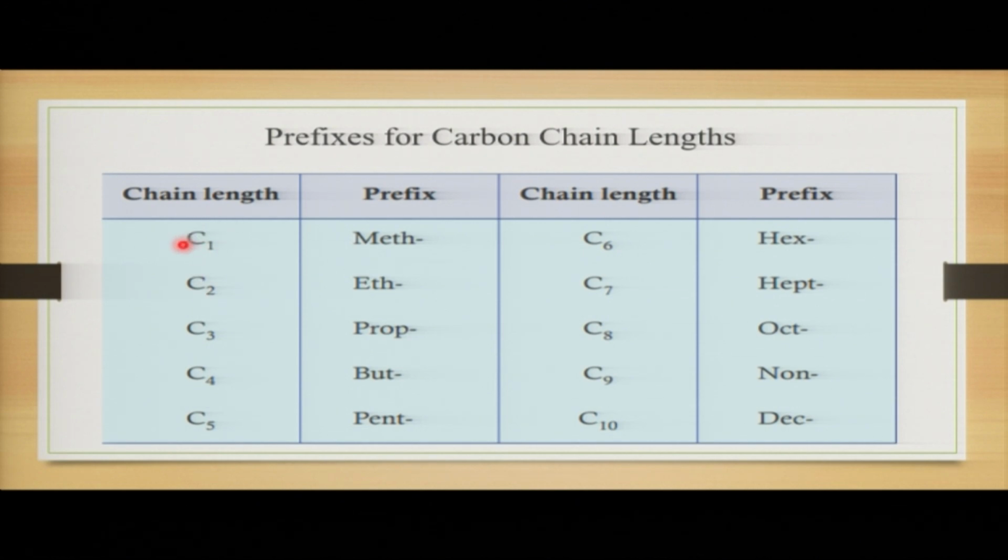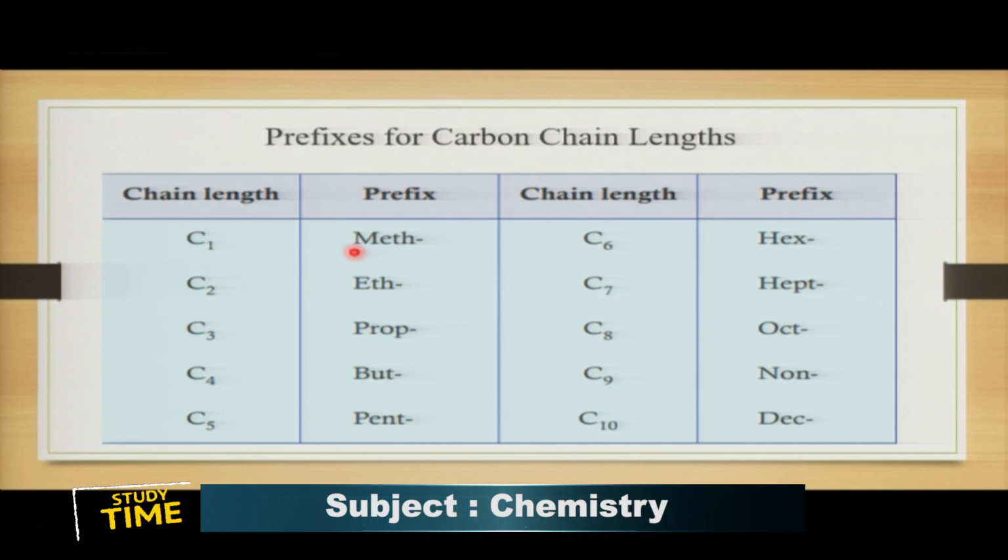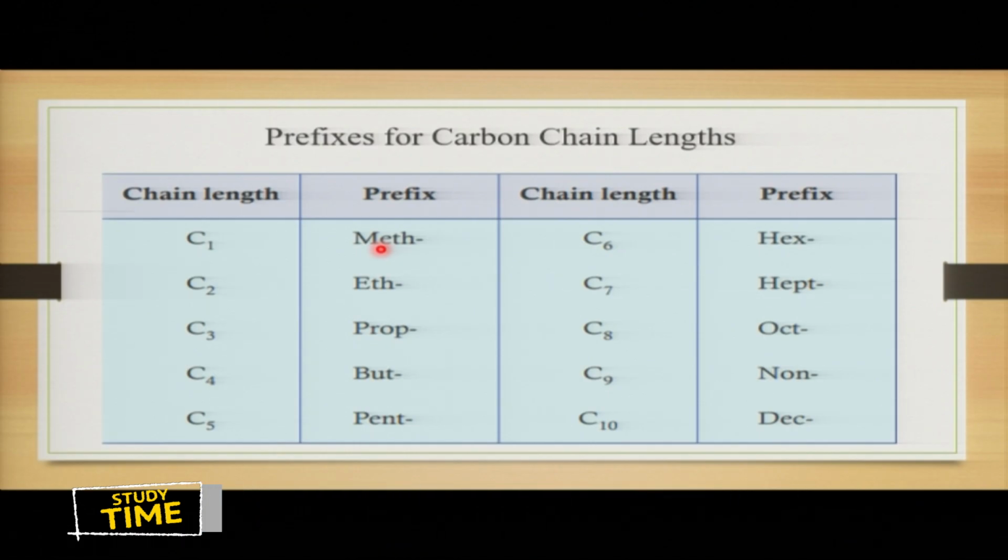When n is equal to 1, that means carbon is 1, carbon is 2, carbon is 3. When carbon is equal to 1, the prefix that we use is meth. That is where we get the name methane. So methane is an alkane that contains 1 carbon atom. Then we get ethane, from eth.